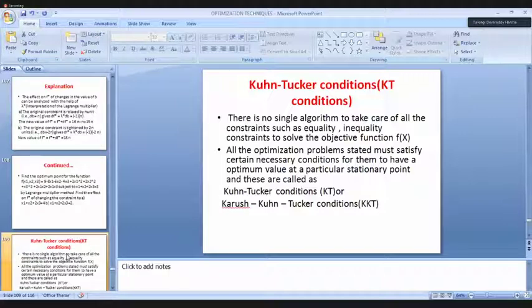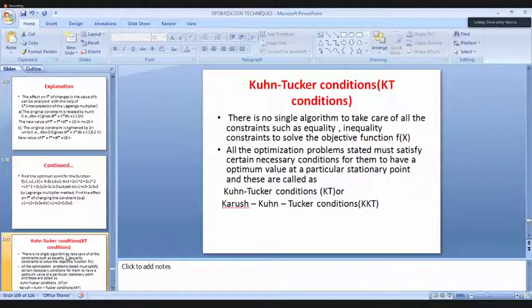So all the optimization problems stated must satisfy certain necessary conditions for them to have an optimum value at a particular stationary point, and these are called Kuhn-Tucker conditions or Karush-Kuhn-Tucker conditions. It is called KT or KKT.